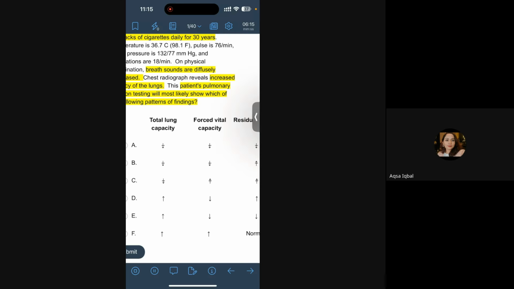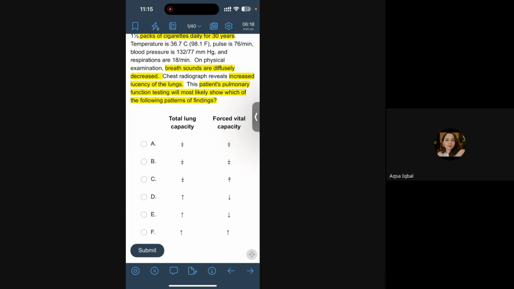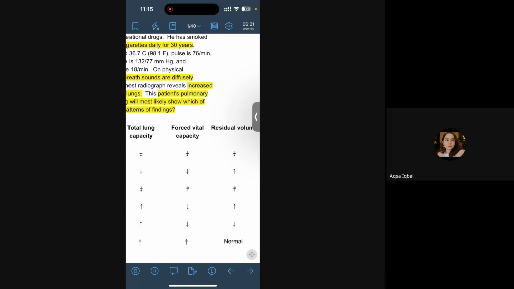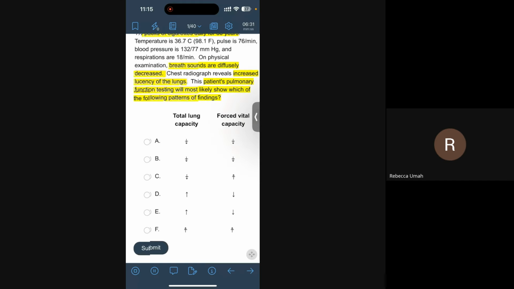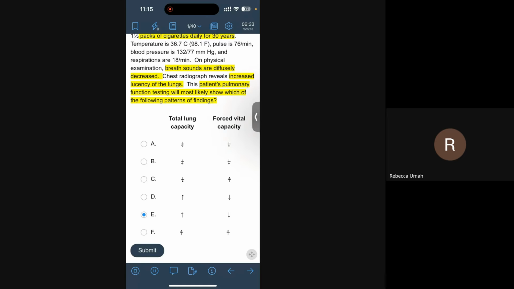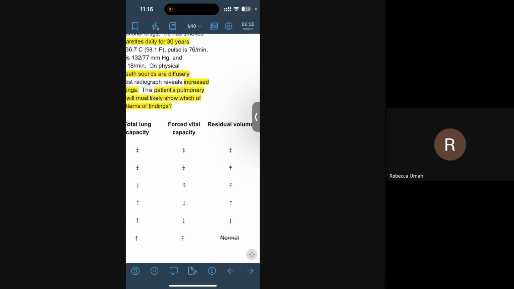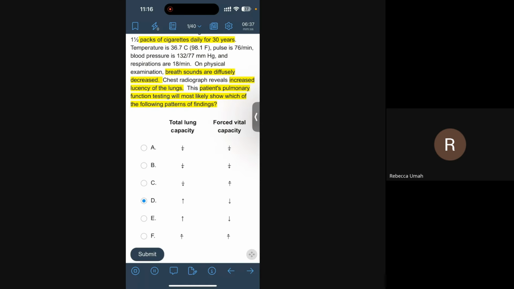Decreased. Option F is also okay. What happens to the residual volume? Increased. Forced vital capacity decreased, residual volume increased, so option D is the right answer.